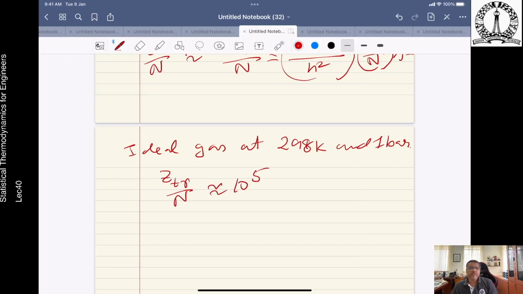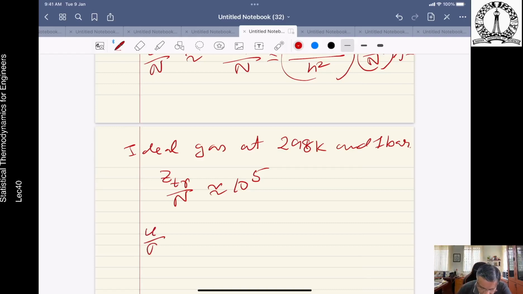Okay, so it means that the total number of quantum states is almost the same as that of the translational. Okay, so employing the translational partition function, now we may evaluate the contributions of the translational mode to the thermodynamic properties of an ideal gas.